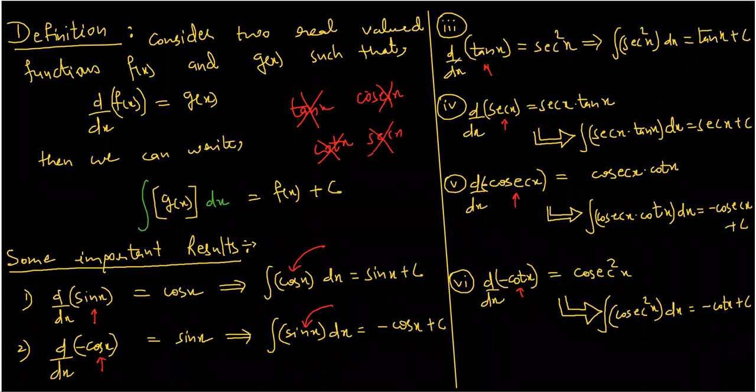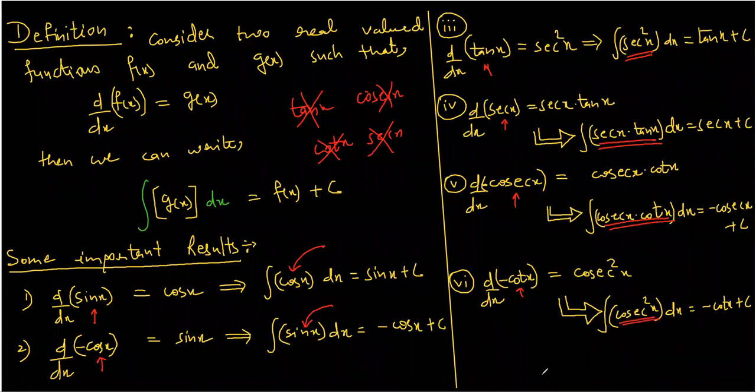So instead of all these, you have some very different unique functions whose integration you have, and that is integration of sec square, integration of sec x tan x, integration of cosec x cot x, integration of cosec square.